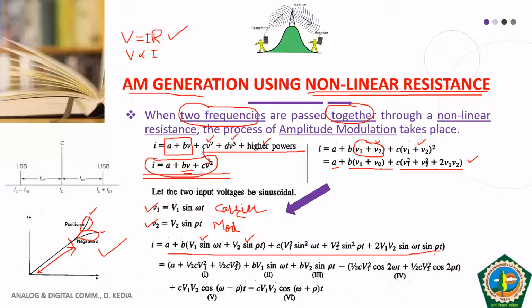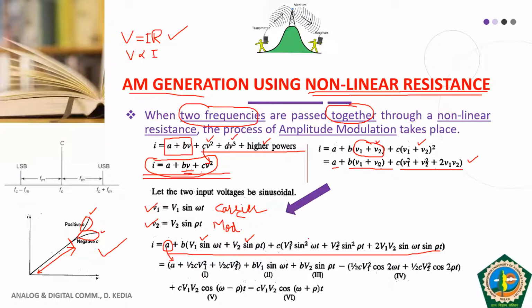If we further solve this, A is a constant term that we have segregated here. Then one more constant term will come from CV1 square.